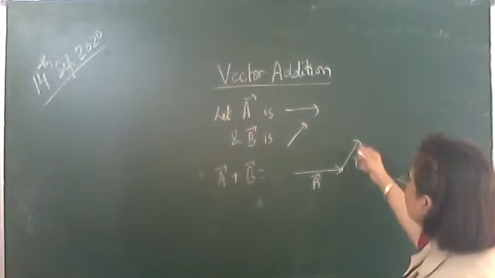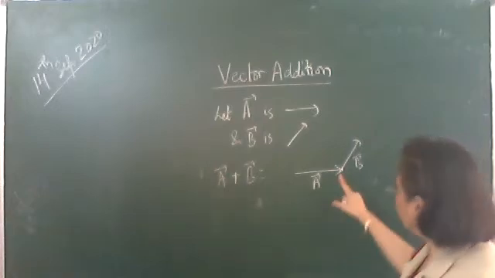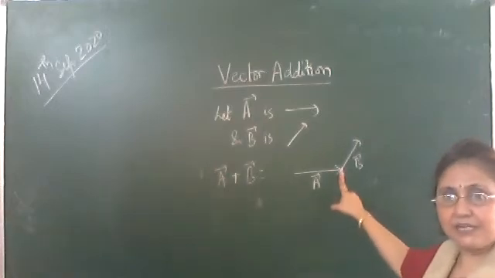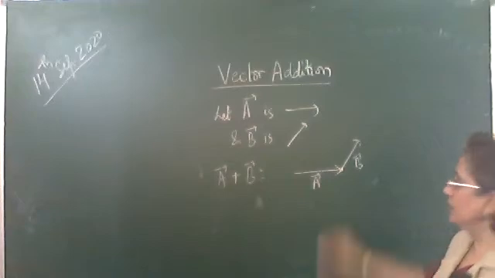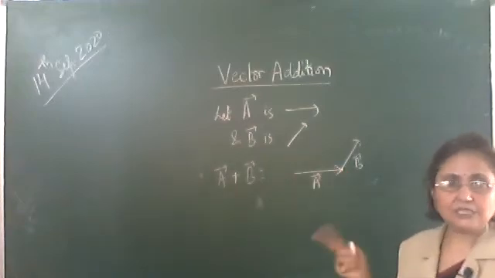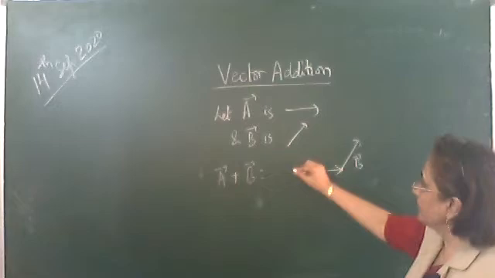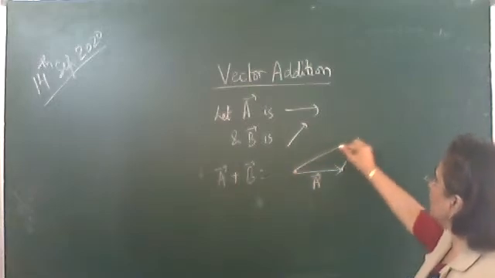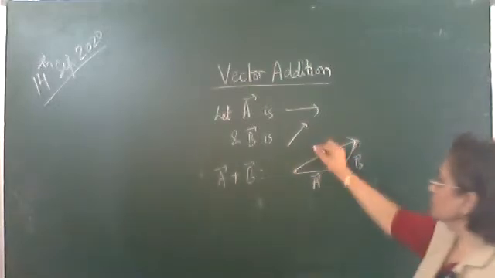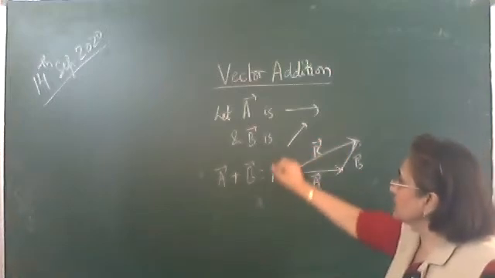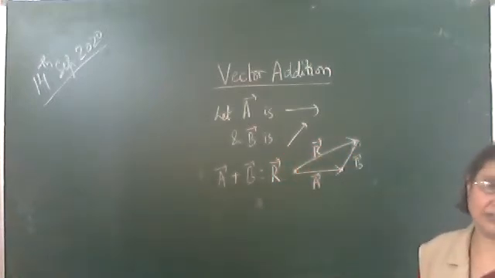This is the B vector, equal magnitude, same direction. The sum is called the resultant vector. The resultant vector will be from the tail of the first vector to the head of the second vector. So this vector is the resultant vector, and A plus B vector is added in this manner.